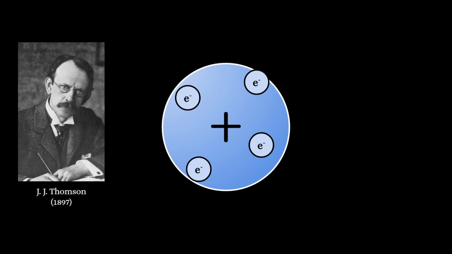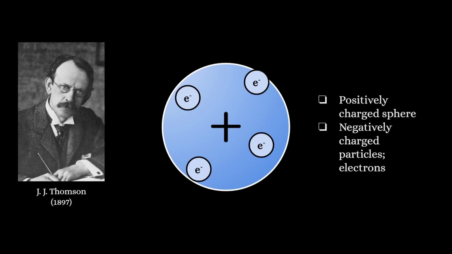Then, in 1897, at the turn of the century, J. J. Thomson, a British physicist, found that there are negatively charged electrons around the atom. He believed that the atom was just a positively charged sphere with the electrons kind of sprinkled on top.